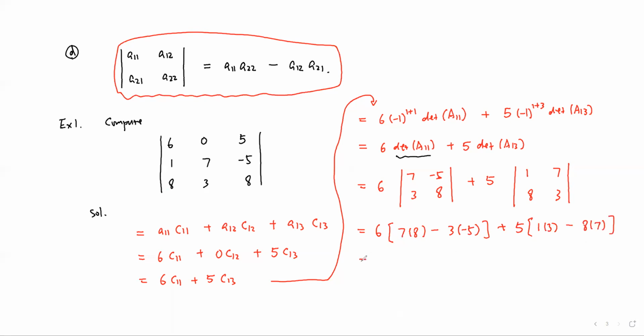Then with the calculator, the number is 161. So this 3x3 determinant is a non-zero number. Therefore, the matrix is invertible. So done.